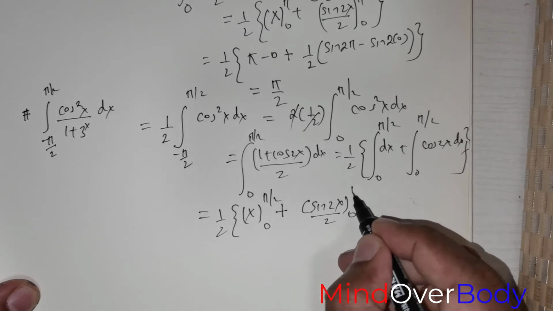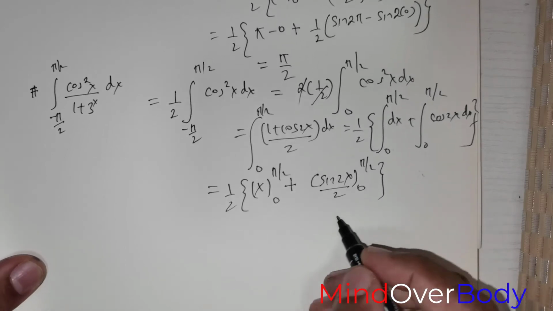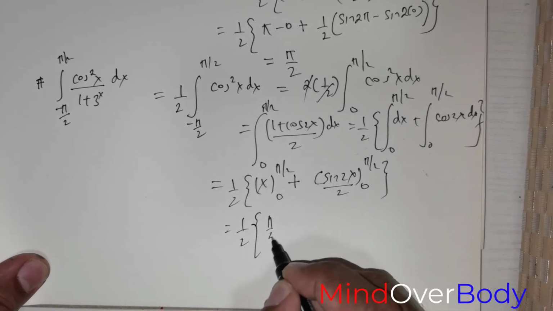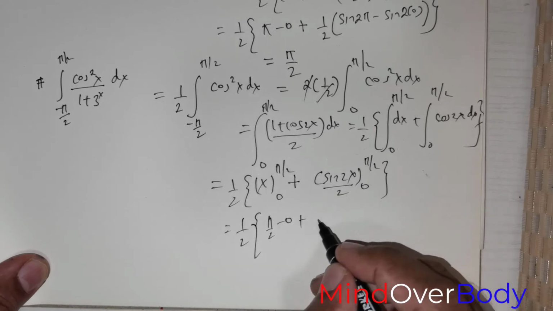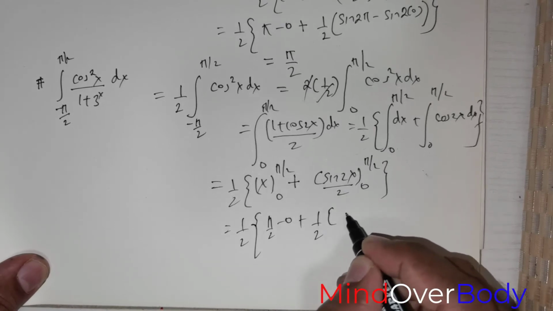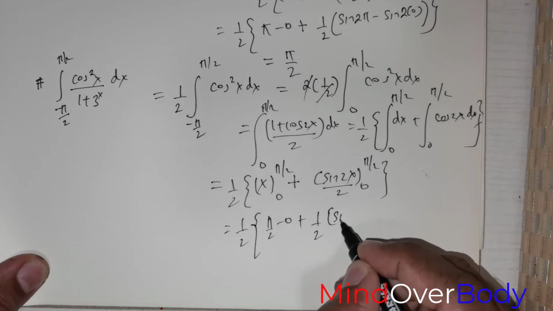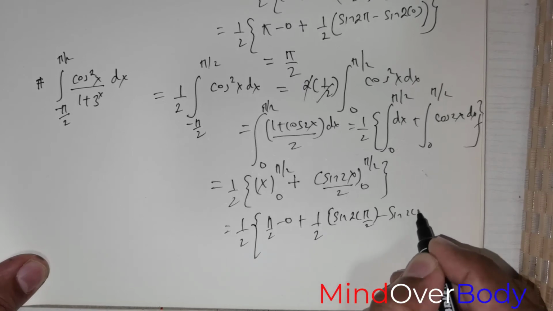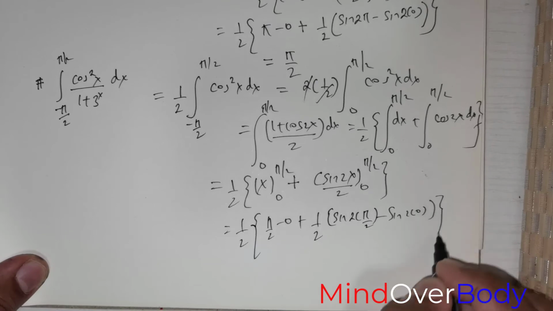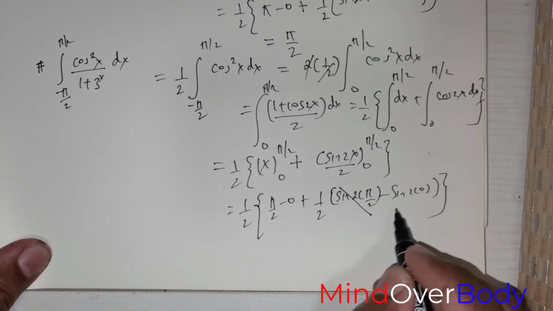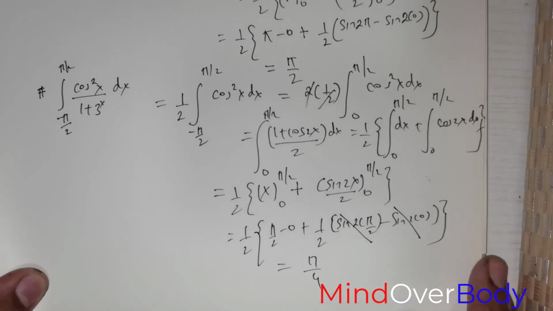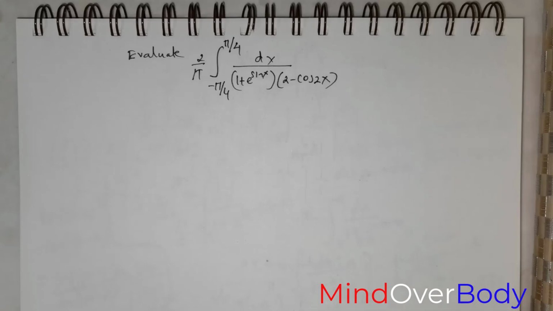The limits are 0 to pi over 2. This is going to be 1 over 2 times pi over 2 minus 1 plus 1 over 2 times sine 2 times pi over 2 minus sine 2 times 0. Right? So this will get cancelled, this will get cancelled. You get pi over 4 as the final answer to this question.